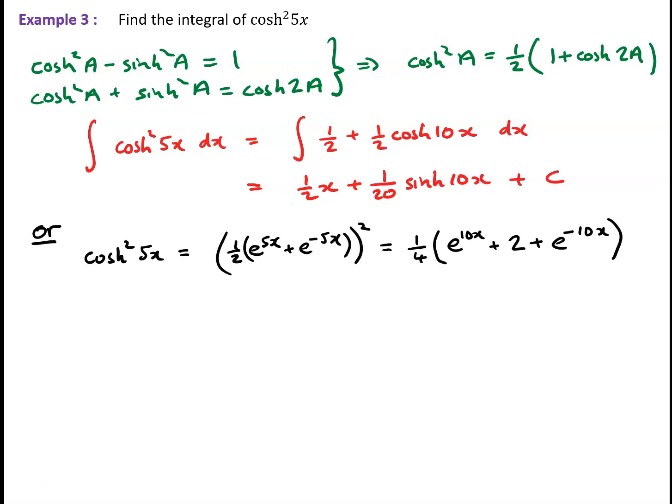Alternatively, what we could do is we could say that we know that cos 5x is a half of e to the 5x plus e to the minus 5x. So cos squared 5x is going to be a half of e to the 5x plus e to the minus 5x all squared, which gives me a quarter of e to the 10x plus 2 plus e to the minus 10x.